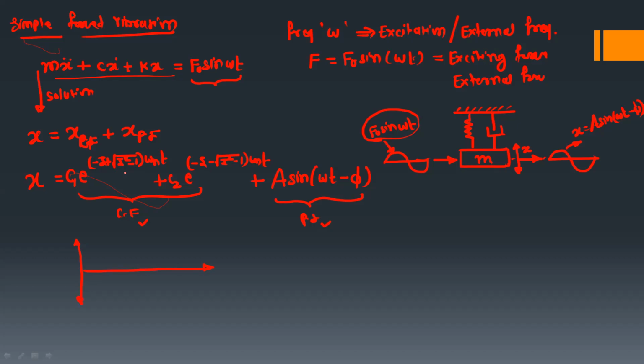So if you adjust the c value, mass value, and k value in such a way that the system turns into an overdamped system, so zeta will be greater than 1, then the graph of x versus time for the complementary function will have a nature like this. After some time, this x displacement will settle down to 0 value, and plus this waveform, which is A sine omega t minus phi.